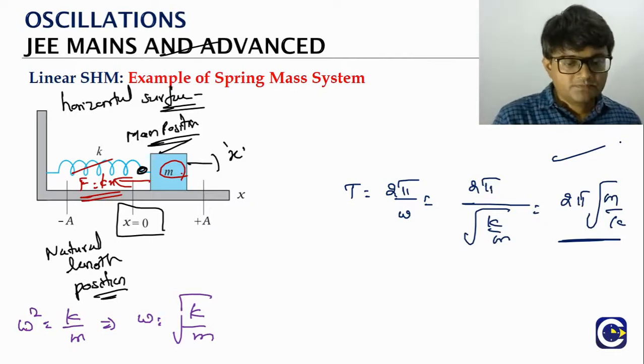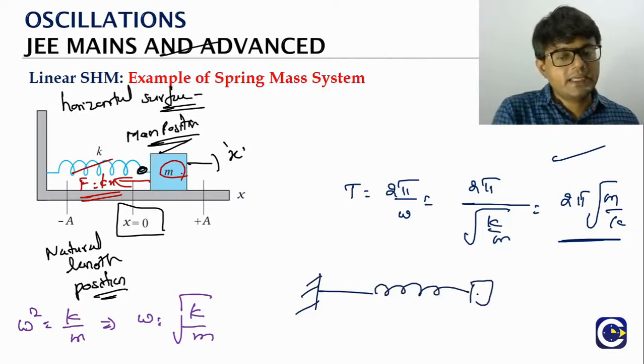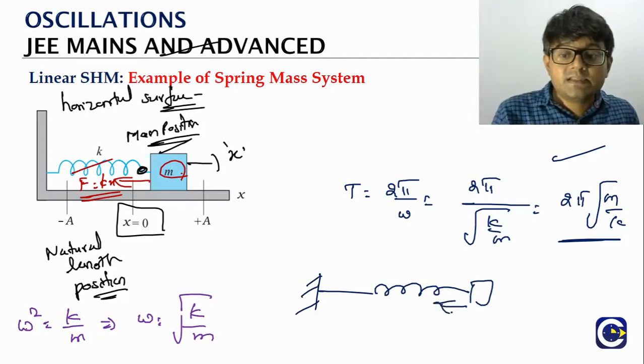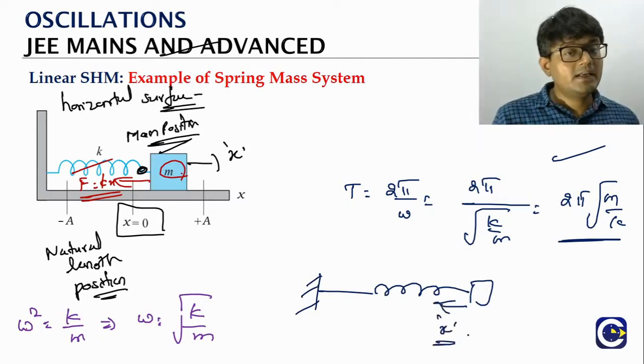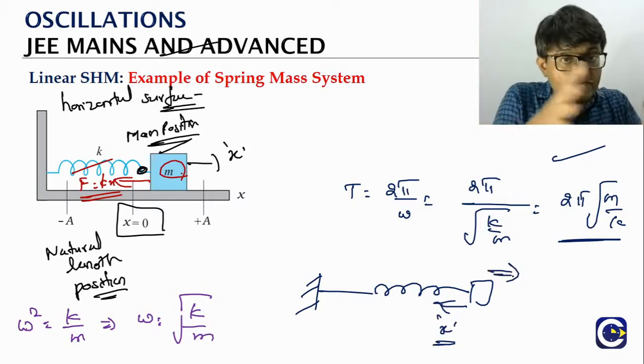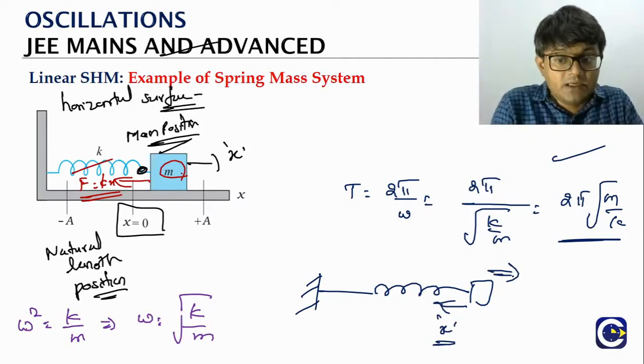Now we'll have a doubt. So here, what is the analysis we have done? From the natural position of the spring, we have taken the example where we are elongating the spring. If we compress the spring by a value x, remember again the restoring force will try to take the spring back to the original position, means the spring will try to push the object away with force kx.